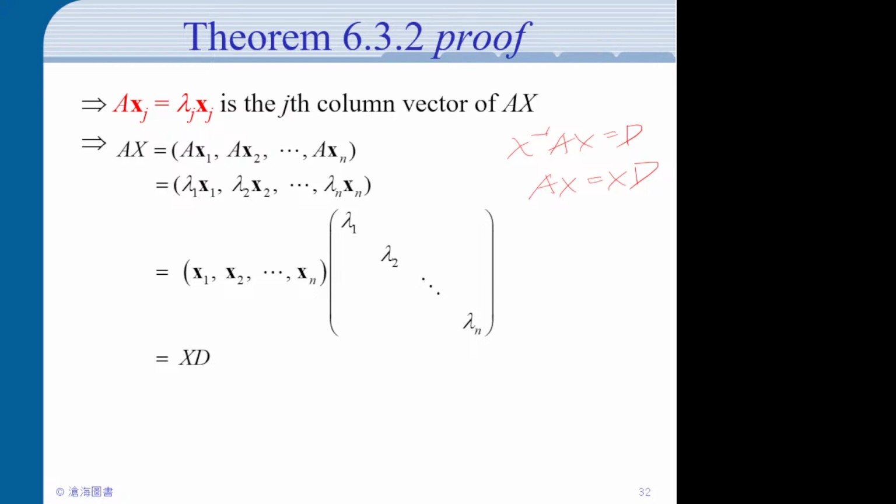And what is AX equal to XD? Then we write out AX. Now it's a different interpretation of matrix multiplication. Let's draw a picture. You have this A matrix here, and then you have this X matrix that has many different columns, x1, x2 to xn.